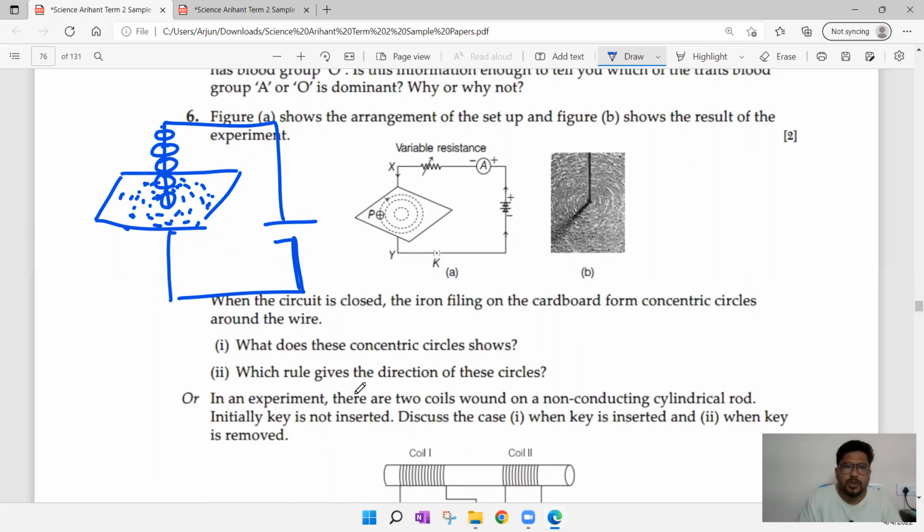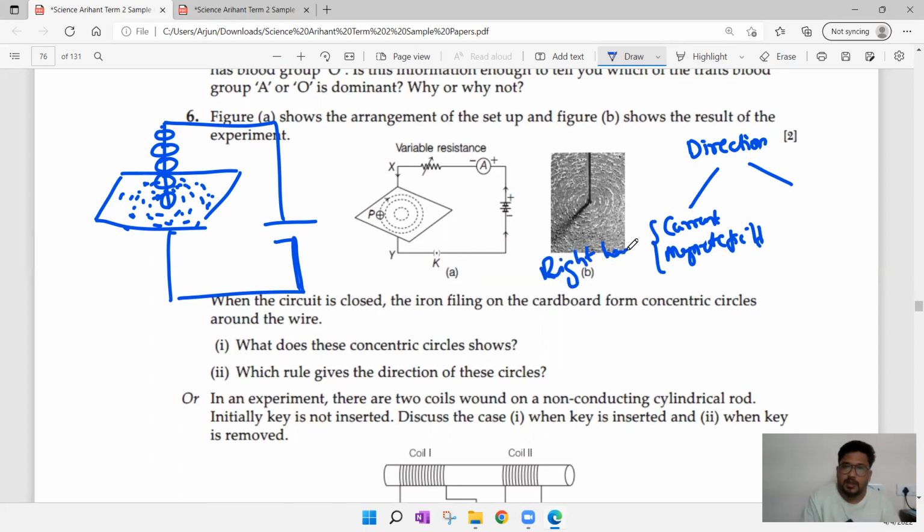Number 2: which rule gives the direction of these circles? A few things you have to remember whenever they are asking about direction. You have to think what directions. If they are talking about only current and magnetic field, then we have to talk about the right hand thumb rule, or you can call it Maxwell's corkscrew rule, whatever you want.